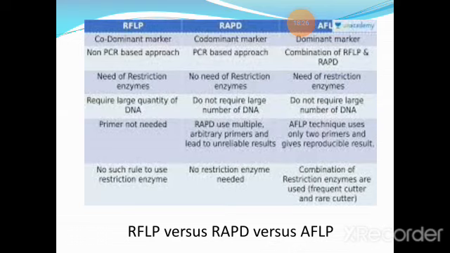Then in RFLP, there is no such rule on which restriction enzyme to use. Anything you can use. RAPD, you don't use restriction enzyme at all. AFLP, a combination of restriction enzymes is used: frequent cutters and rare cutters. So this slide briefs you on RFLP versus RAPD versus AFLP. Right? It gives a comparative account of the 3.